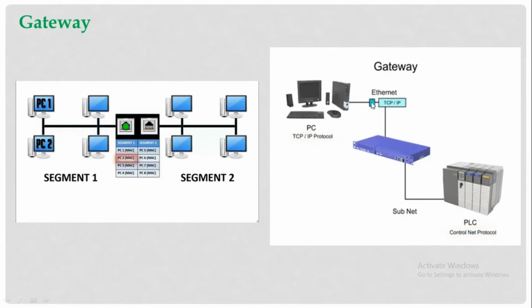You can see the animation here. The PC transmits the information with the TCP/IP protocol, and this gateway converts this TCP/IP protocol to a suitable ControlNet protocol and then propagates it here. So this is the function of a gateway in networks.